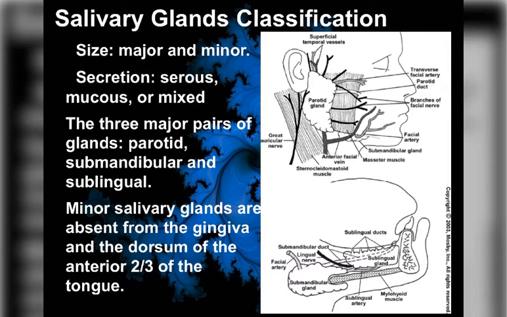All of these, because they are in the posterior region, are completely mucous minor salivary glands.